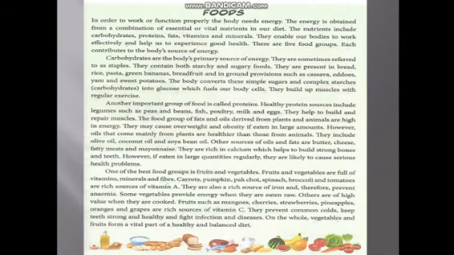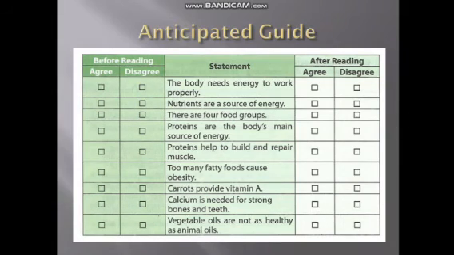However, oils that come mainly from plants are healthier than those from animals. So you see that vegetable oils, because vegetables come from plants, are healthier than animal oils. So I disagree with this statement here.